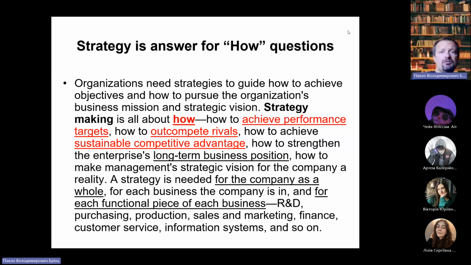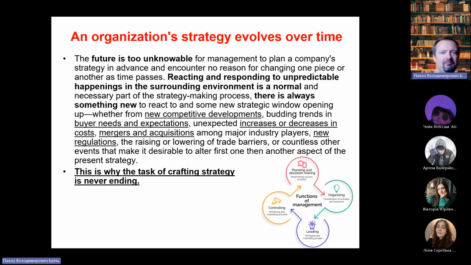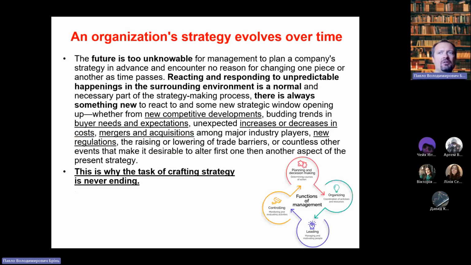And generally, the strategy is all about the answers to this question: how to build a sustainable competitive advantage for a company. The strategy, anyway, is not like a document which must be written and put on the shelf, and that's all.